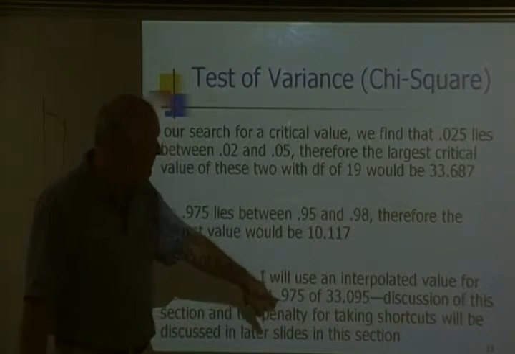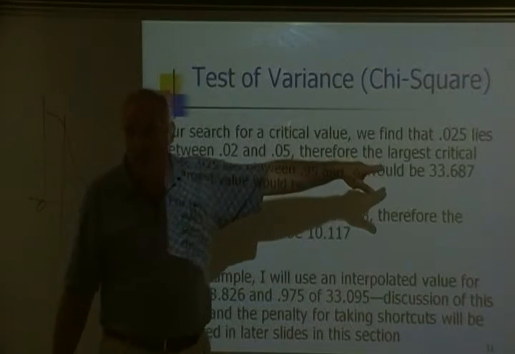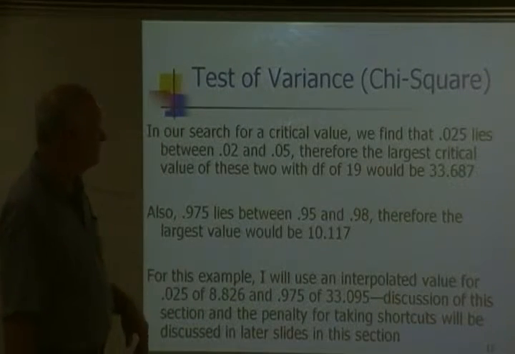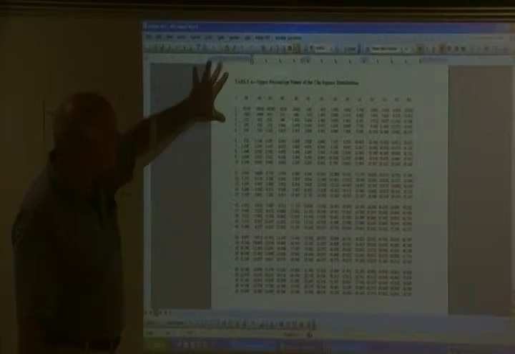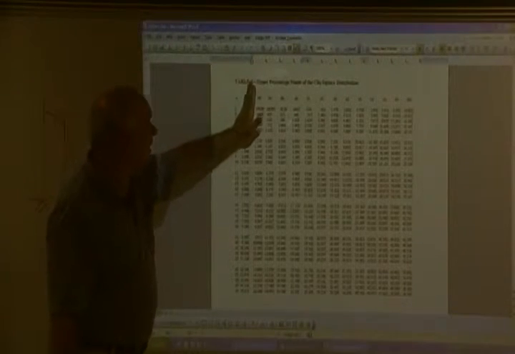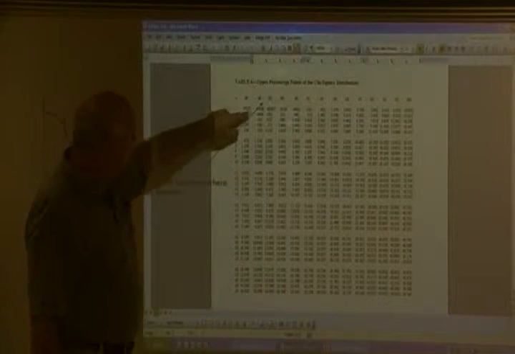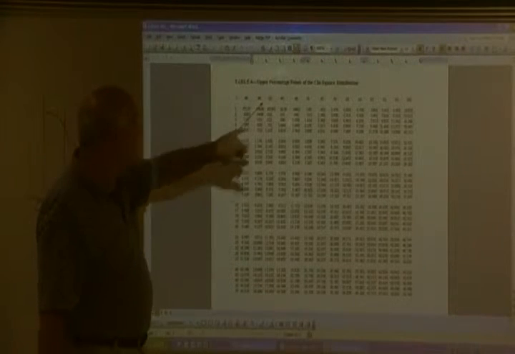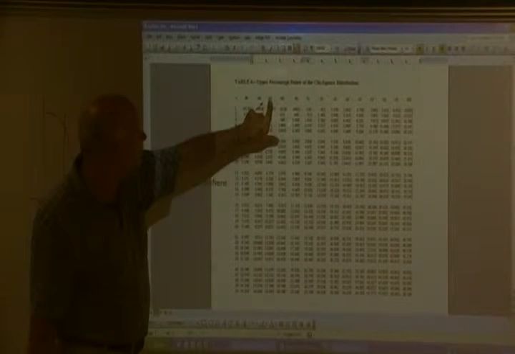And for 0.025, it's going to be 33.095 versus 33.687. So we're going to talk about this as we go across. Now here's the chi-square chart, the chi-square table. Notice the lower end and the upper end of the distribution. The critical value of 0.975 falls between these two numbers here, 0.98 and 0.95.